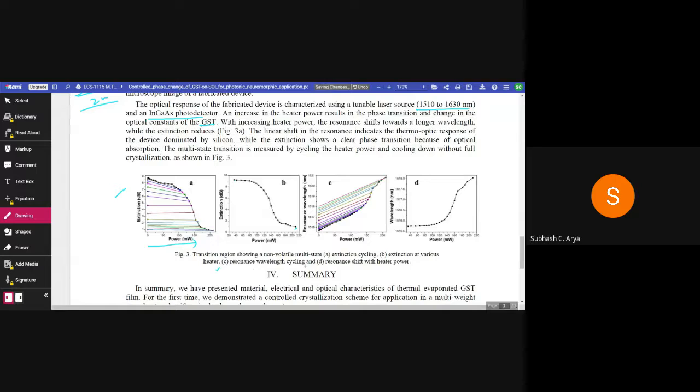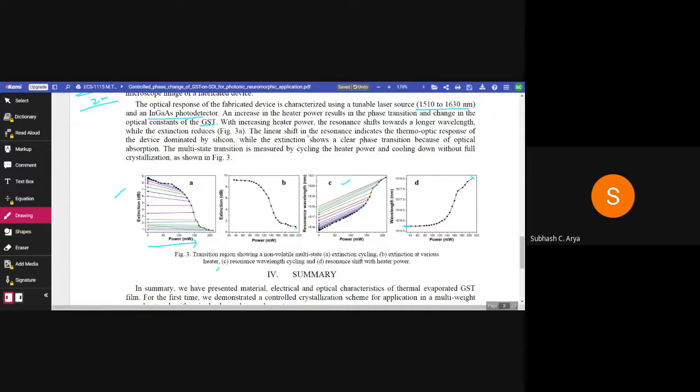Resonance wavelength cycling and resonance shift with heater power. Wavelength shift from 1516 to 1518, a 2 nanometer shift.